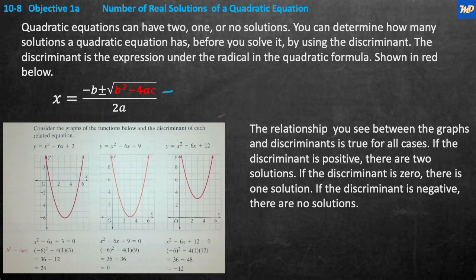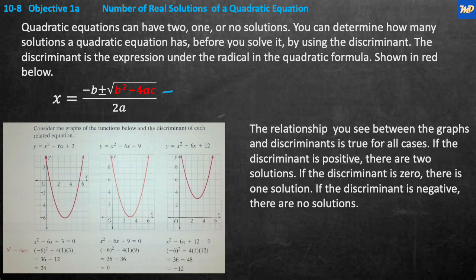Then we look at the little chart here. It says, consider the graphs of the functions below and the discriminant of each related to the equations. Okay, so the first one, x squared minus 6x plus 3. If you run that through the discriminant, you're going to see the b squared, which is negative 6.